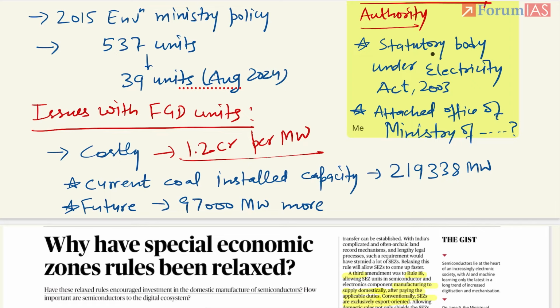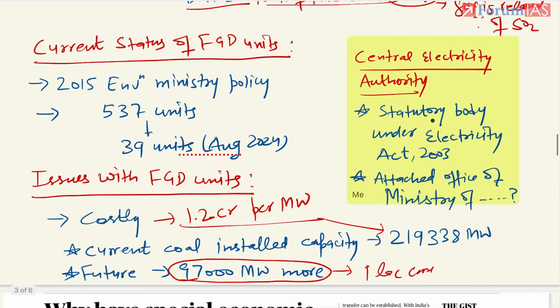In India, the current coal installed capacity is 2,19,338 megawatt. And according to the Minister of Power, 97,000 megawatt more is required, which will lead to expenditure of more than 1 lakh crore. This is the major reason behind this recommendation. And this leads to an increase in cost per unit for the consumer of 0.72 rupees per kilowatt-hour.